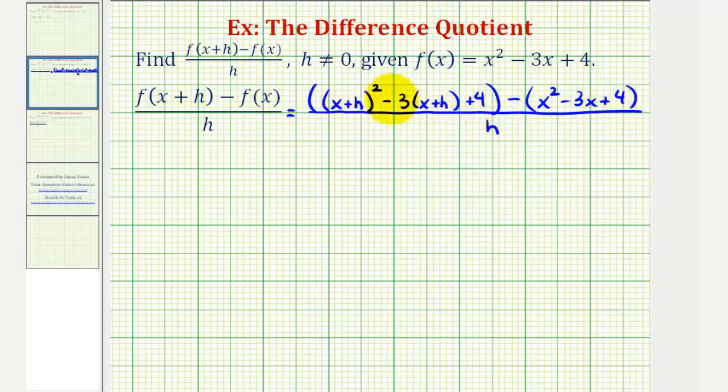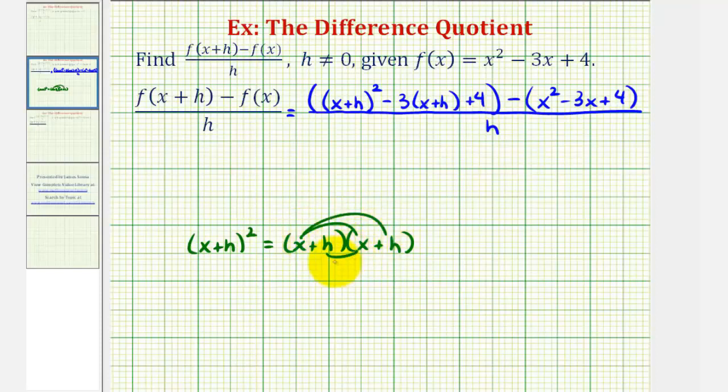Now we're going to multiply out f of the quantity x plus h, so we'll start by squaring the quantity x plus h. There's no shortcuts here. If we want to square the quantity x plus h, we'll have 2 factors of x plus h. When multiplying these binomials, we'll have 4 products, 1, 2, 3, and 4.